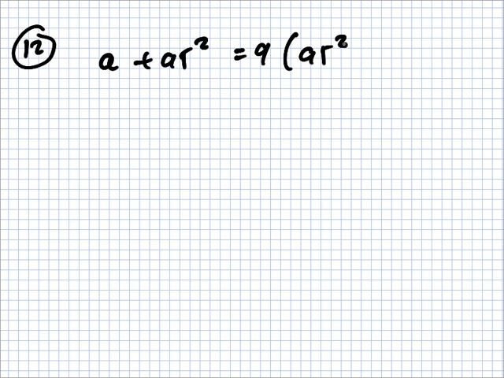The sum of the first term and the third term of a geometric sequence is 9 times the sum of the third term and the fifth term.